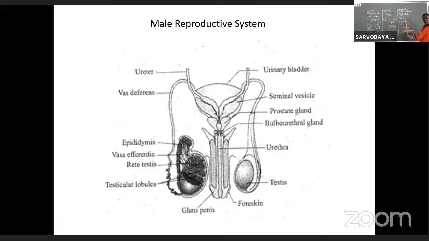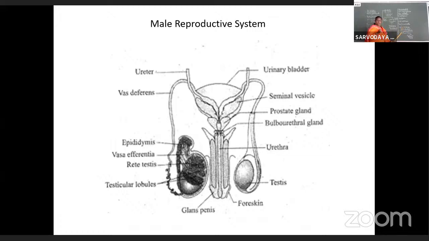When it enters the abdomen, it loops around, or surrounds, the urinary bladder and then it opens into the urethra. At that region, the duct from the seminal vesicle also enters, and that is the region which we call the ejaculatory duct.